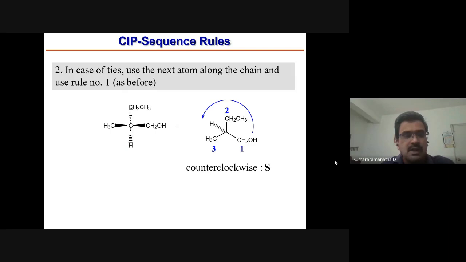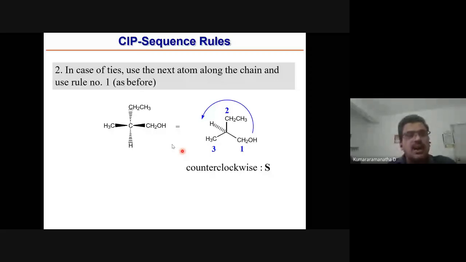Now, if there is a tie, you can see here CH, CH2, CH3. So obviously, which one should we take now? We are doubtful, since both have carbon. So if there is a carbon, go to the next atom along the chain, and then you apply rule number 1.